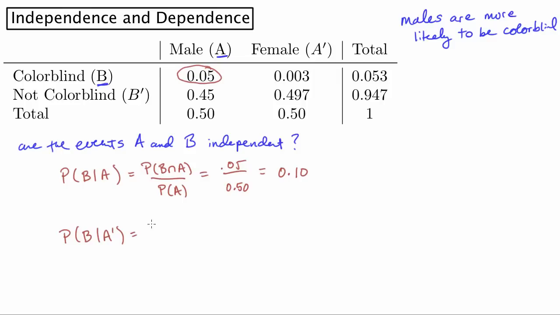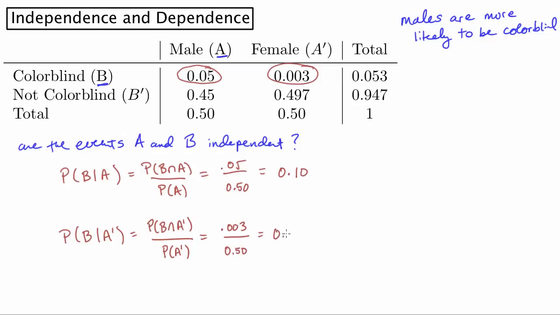Right, if we change this over to female instead, the formula in this case looks like this. And the probability of B and not A, or colorblind and female, is 0.003 in this case, much lower. But notice that the percentage of females remains exactly the same.